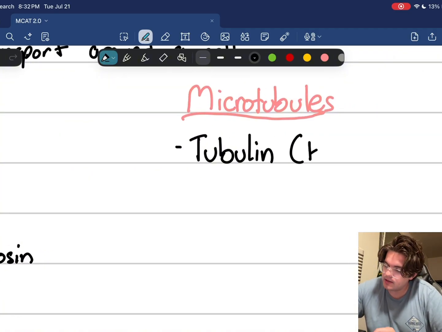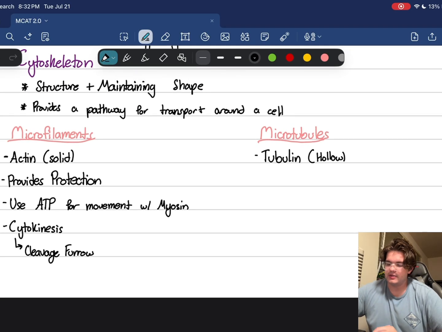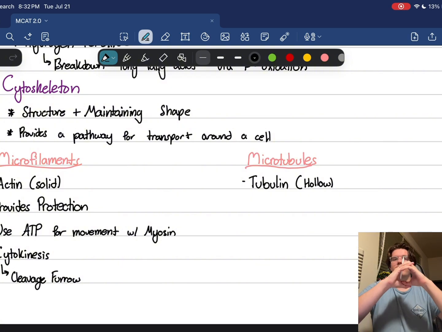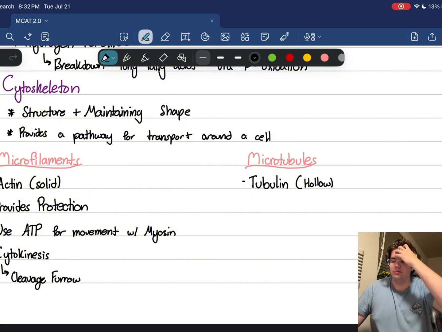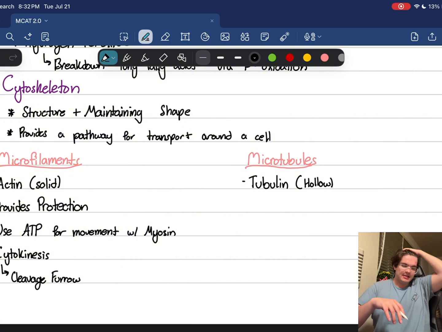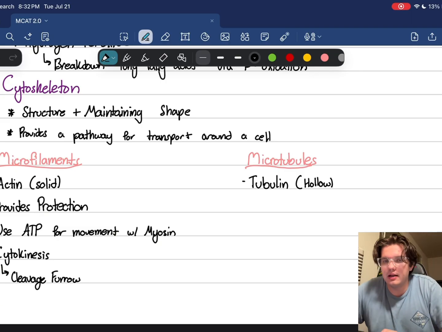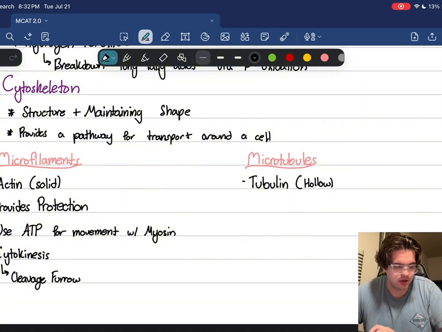And a key thing to know is that tubulin is hollow. This actin, we saw as a solid, rigid, full circle. Our tubulin is going to be hollow, and it's going to follow a specific structure that we'll see later, that further expands upon the hollow nature.